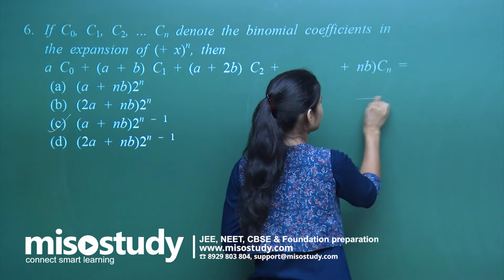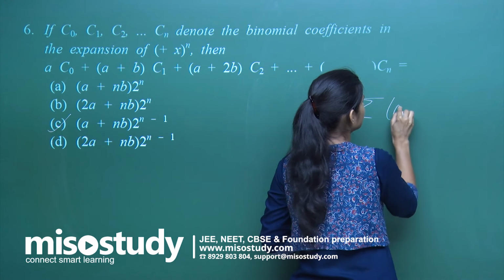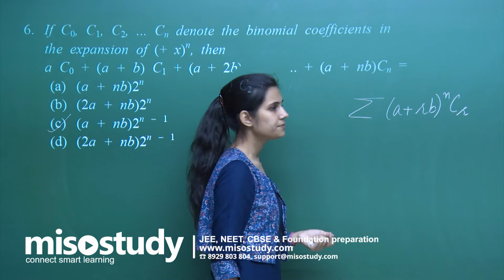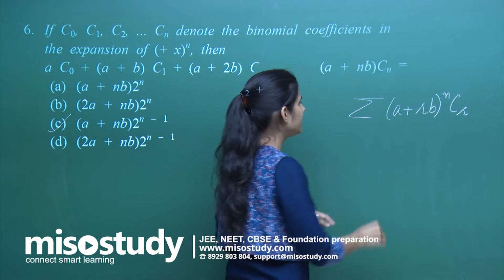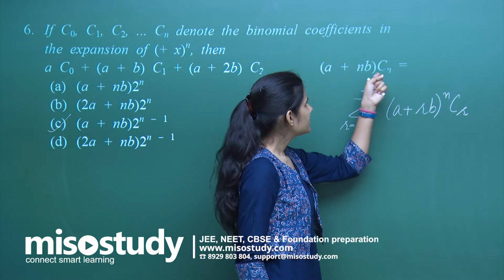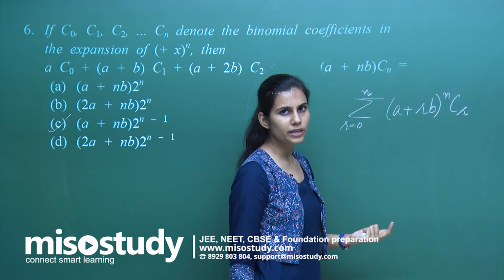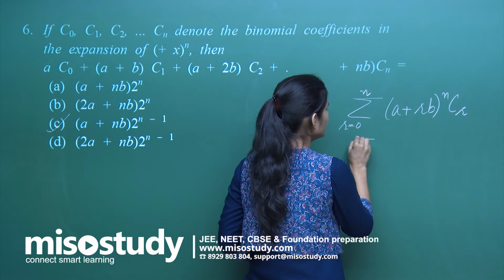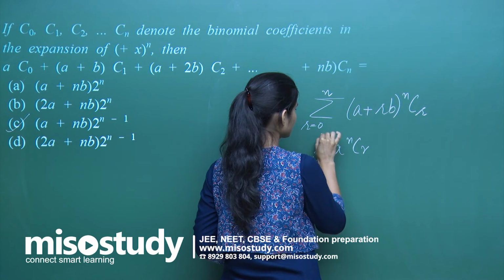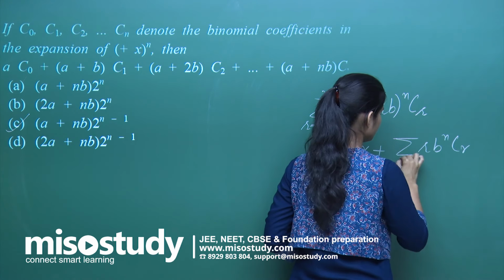So in short I can write this as (a plus rb) nCr, r going from 0 to n, because Cn is nothing but nCn, C2 is nothing but nC2. That's how we denote the binomial coefficients. So this comes out to be a times summation nCr plus summation rb times nCr.